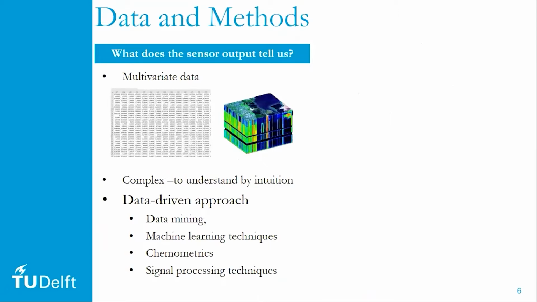Sensors produce data having different natures. They provide multivariate data, and it's difficult to understand by visual inspection or intuition. For example, if you see these two data sets, this is the example from mid-wave infrared.